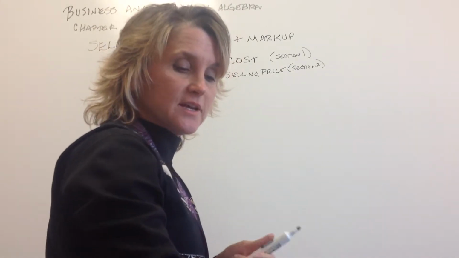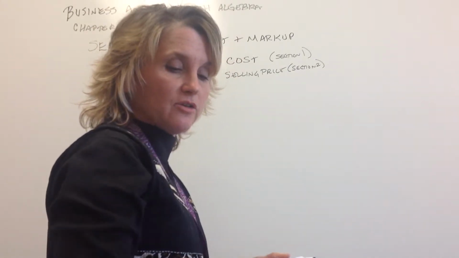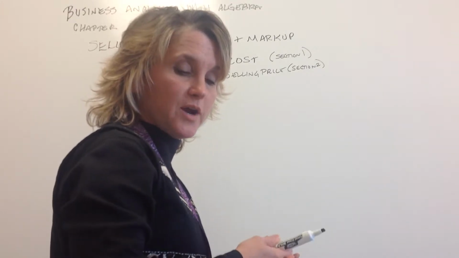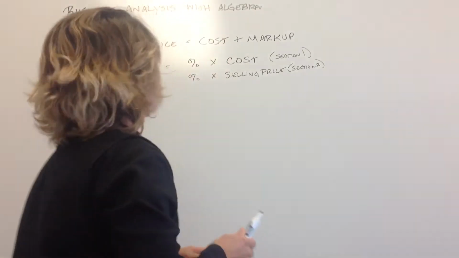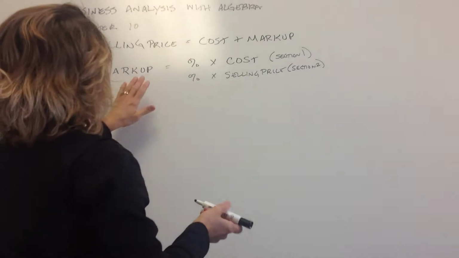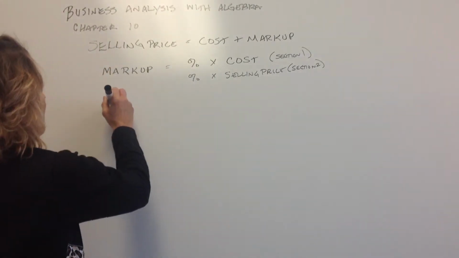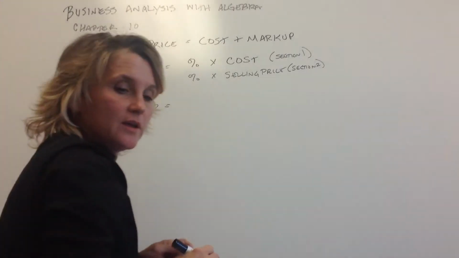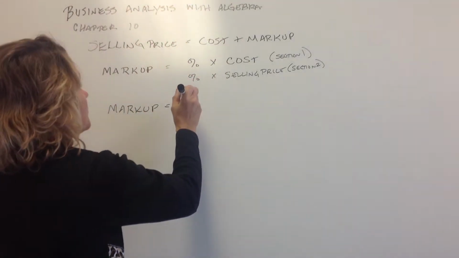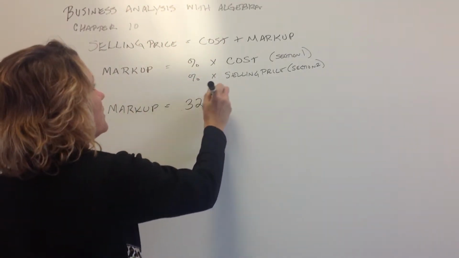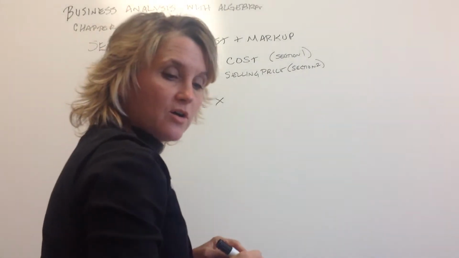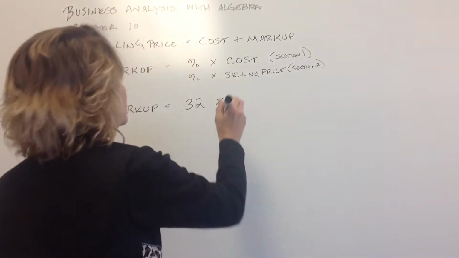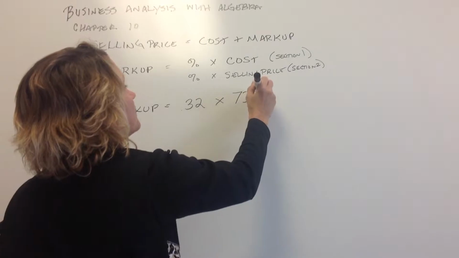And then it asks us to calculate out our selling price and our markup. So we can do that. So we can start here with our markup. Our markup is going to be, the problem tells us 32% or 0.32 times our cost, and our cost is $73.50.